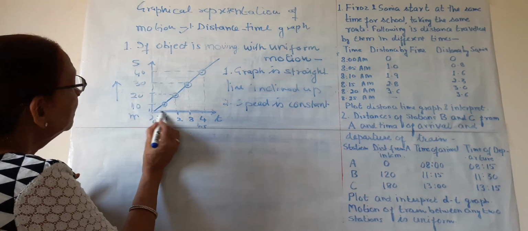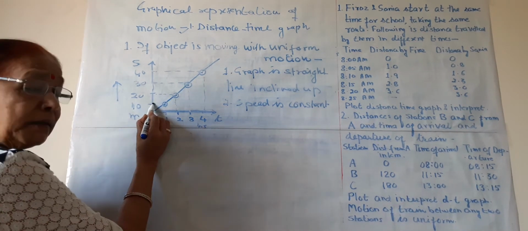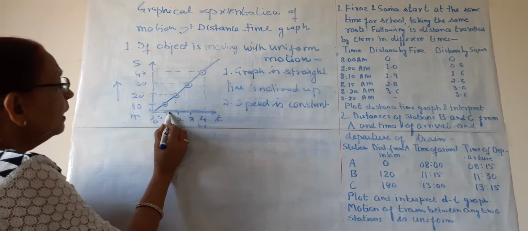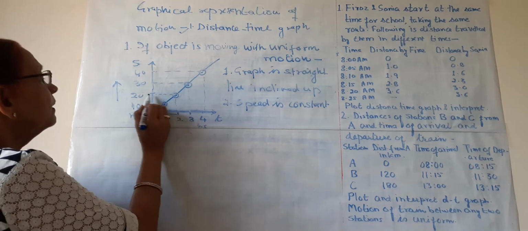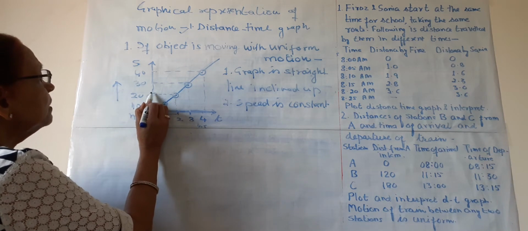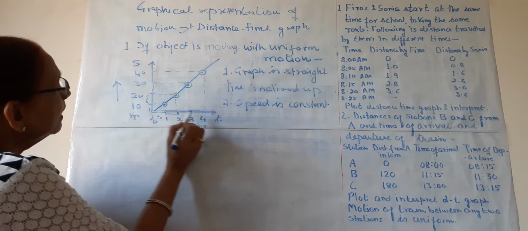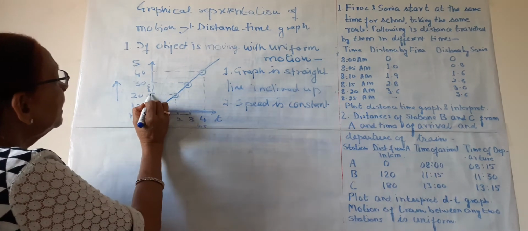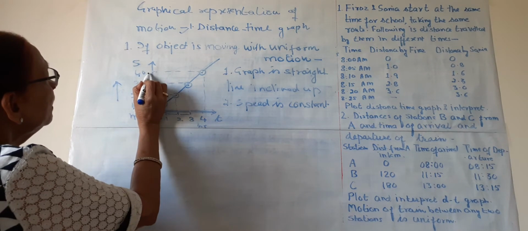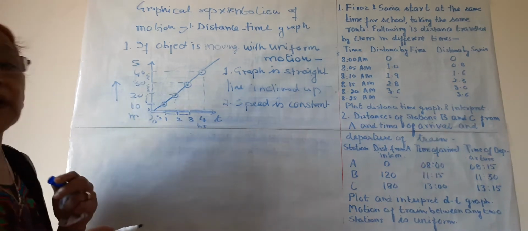In 1 hour, the distance covered is 10 meters. In second hour, that is 2 minus 1, 1 hour, the distance covered is 20 minus 10, 10 meters. In this 1 hour, the distance covered is again 10, 30 minus 20, and here also 40 minus 30.